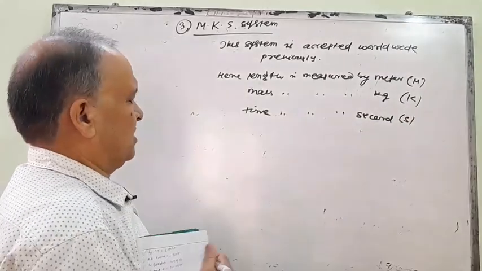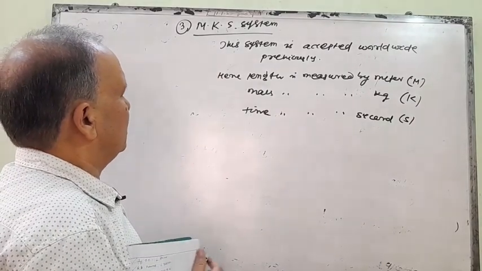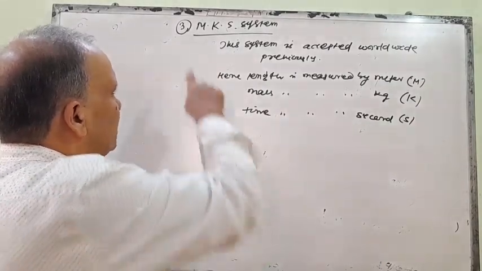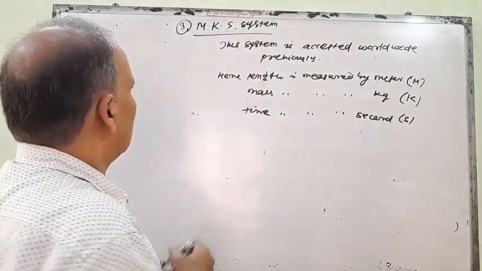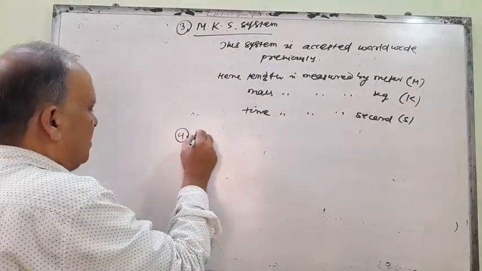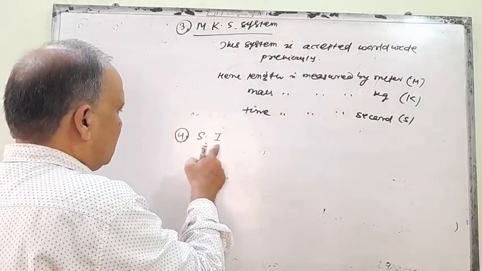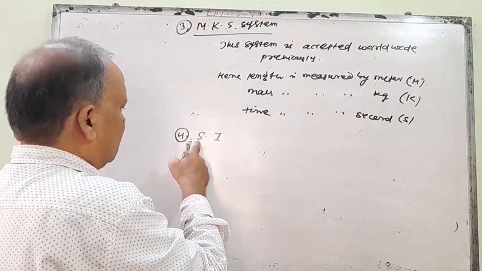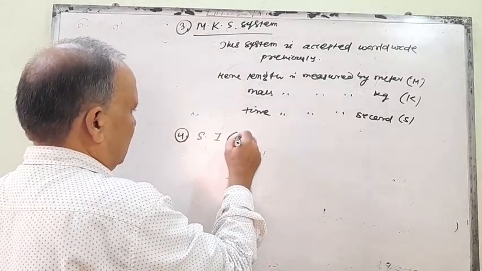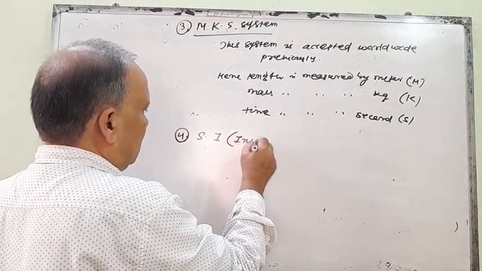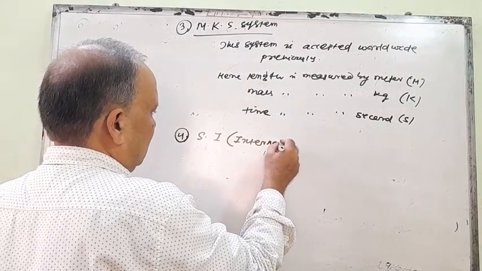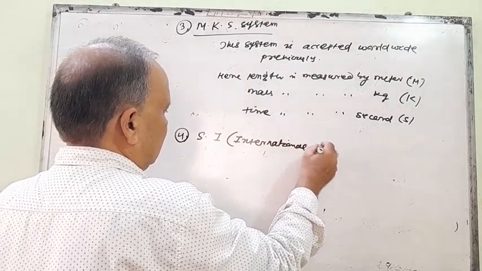There are some mistakes or modifications of this MKS system. Now this system is modified to your fourth system, that is SI. SI means international system, or Système International.